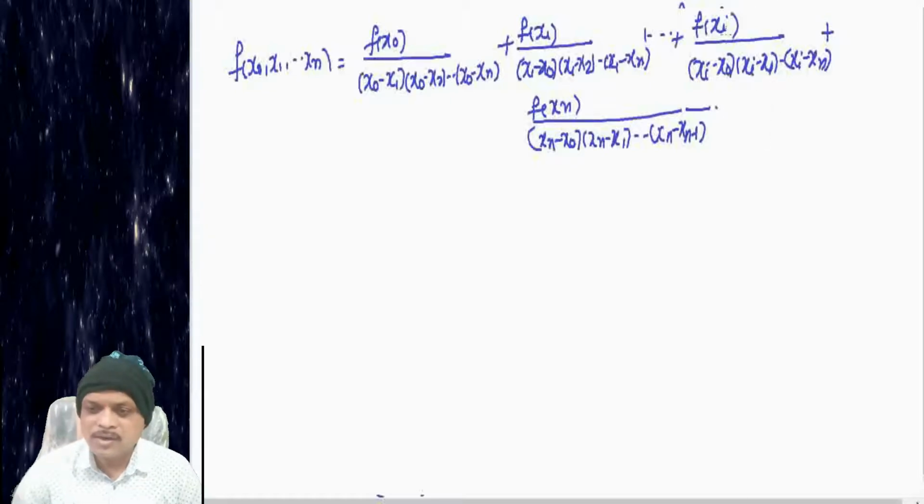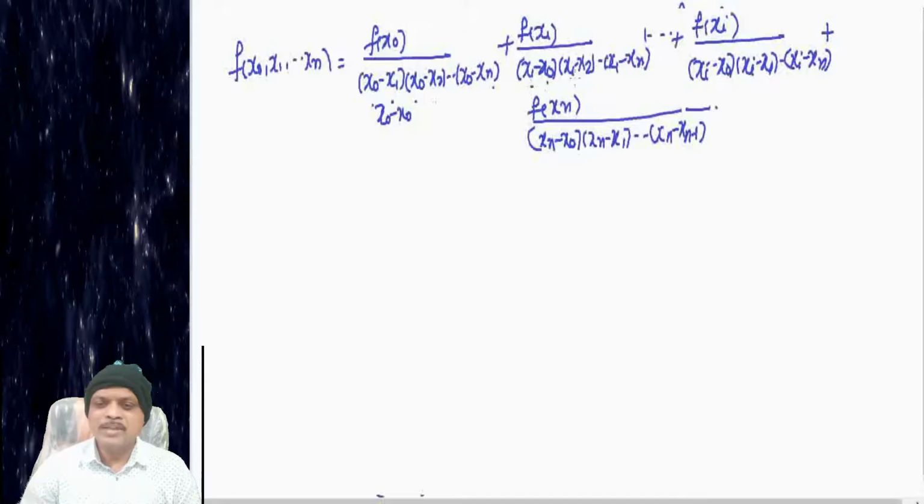And look at this, the denominator of every factor: f of x0 divided by x0 minus x1, x0 minus x2, up to x0 minus xn. Here the factor x0 minus x0 is omitted. F of x1 divided by x1 minus x0, x1 minus x2, up to x1 minus xn. Here x1 minus x1 is omitted.